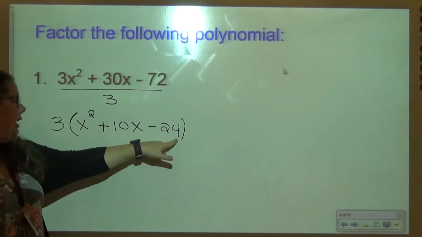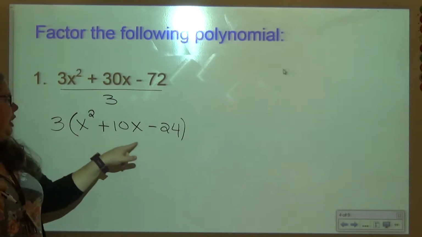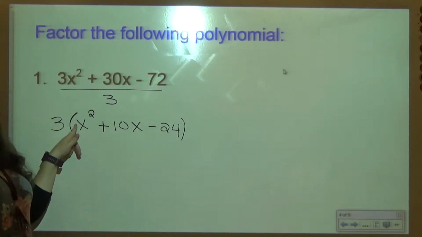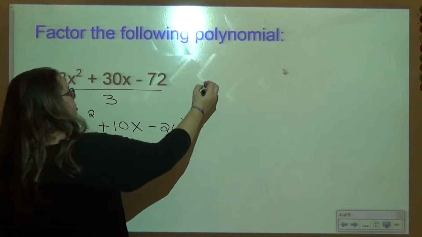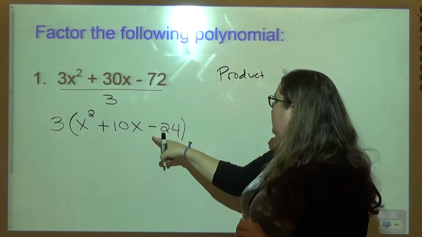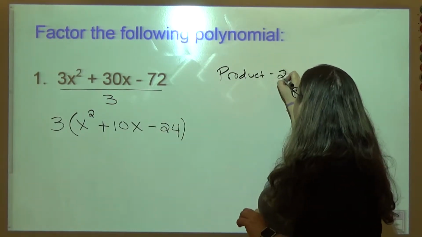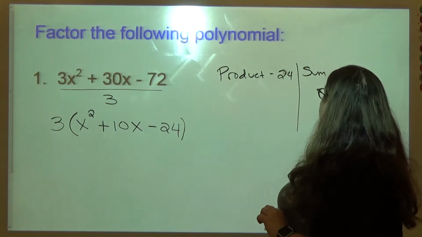Look at this inside. Now this is our product sum. This is our trinomial with a coefficient of 1 in front of x squared. So we're looking for two numbers whose product is negative 24 and whose sum is 10.